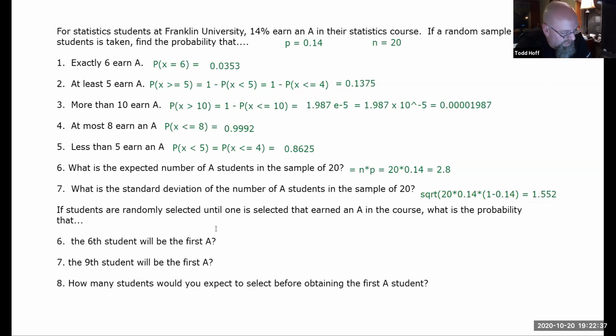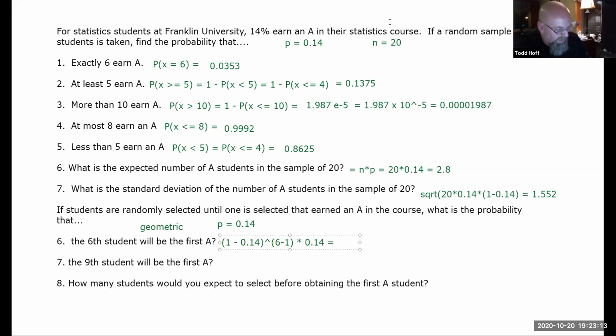Next, if students are randomly selected until one is selected that has earned an A in the course, what is the probability? In other words, we're asking what is the probability that the first A is the 6th student selected? This is geometric now. Still, p equals 0.14. So the 6th student, that'll be 1 minus 0.14 to the power of 5, or 6 minus 1 is technically the way it should be written, times the 0.14.